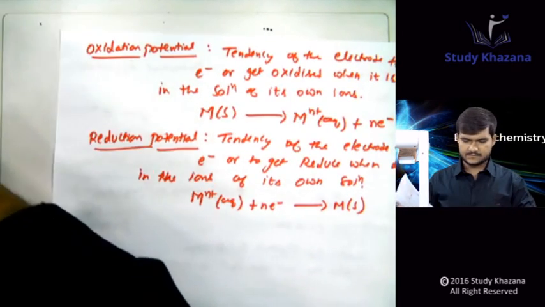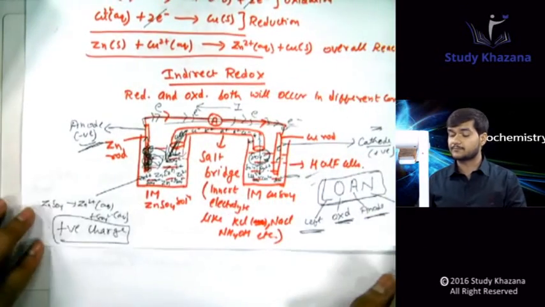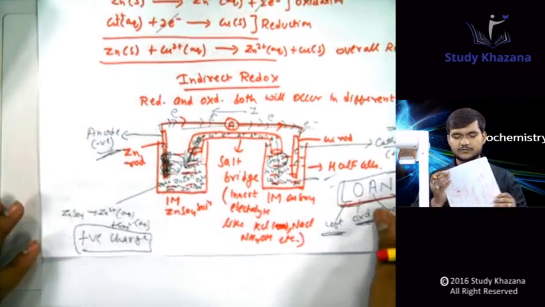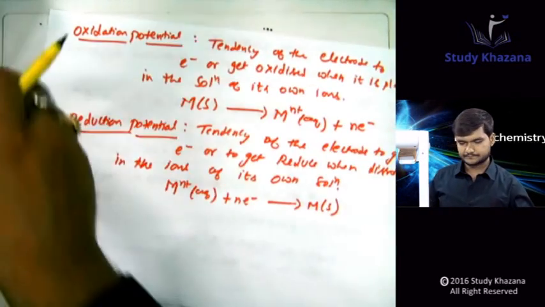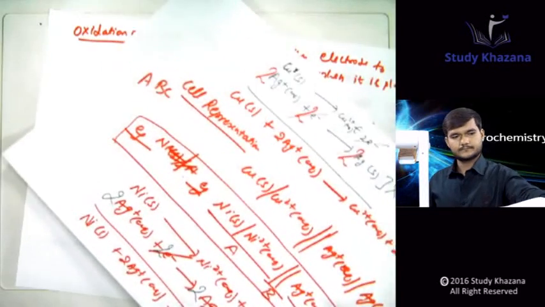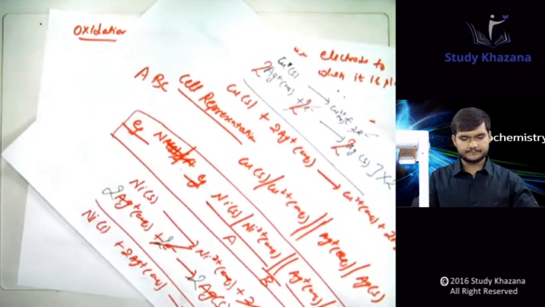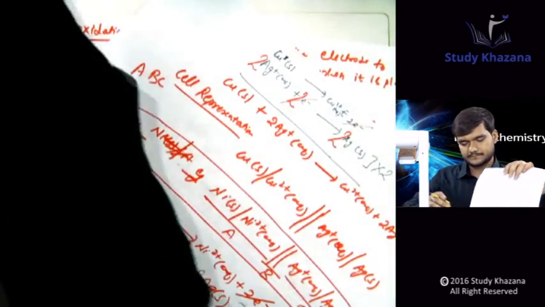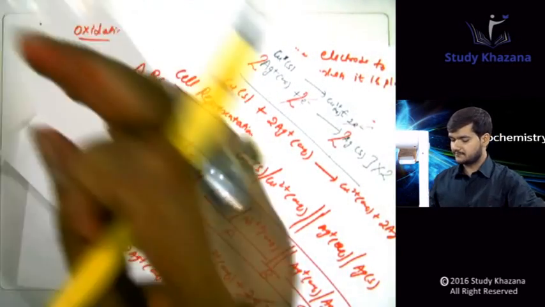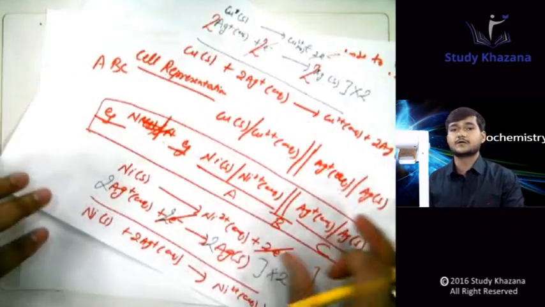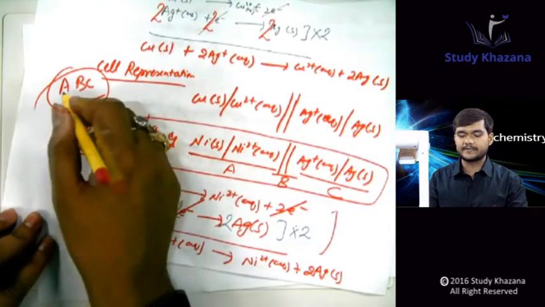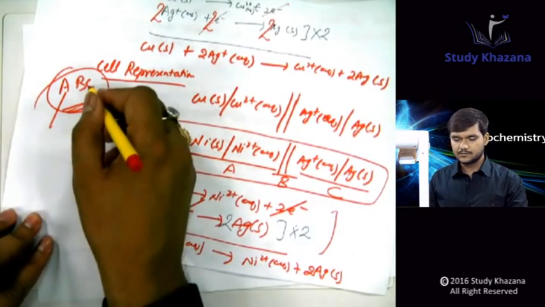I have already explained this, and I told you the concept of the salt bridge. Then I told you what the cell representation is, by this ABC rule: A is anode, B is bridge, C is cathode.